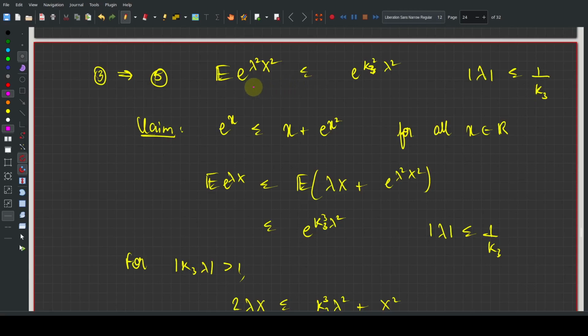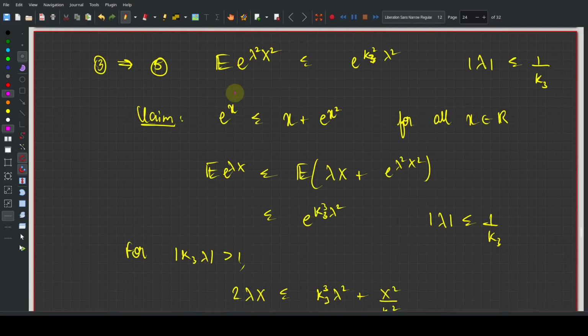Using this, we were trying to obtain a bound on the moment generating function of x. So we have a bound on the moment generating function of x square in some sense, and we're trying to obtain a bound on the moment generating function of x for all real valued lambda.